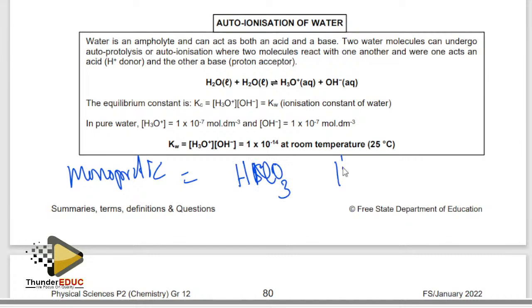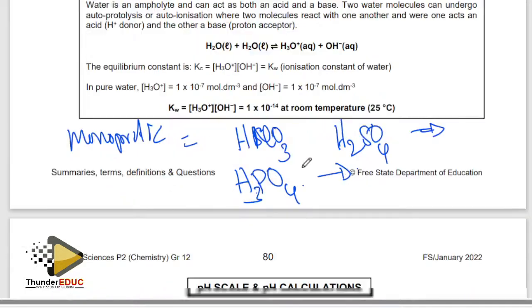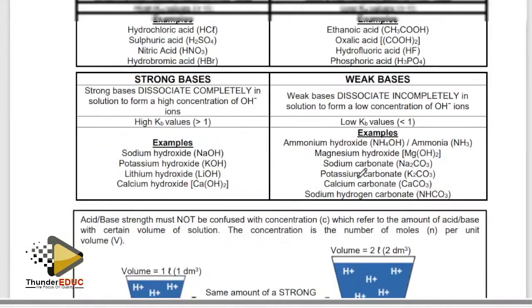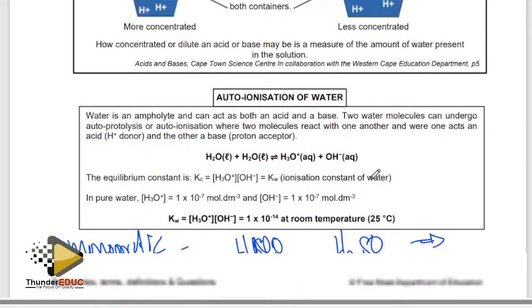A diprotic acid is an acid which can produce two hydrogen ions when dissolved in water. A triprotic acid is the one which can produce three of them, because it can ionize that many times. And these acids, when they ionize, can act as a base and an acid at the same time. Is it clear? So please don't go to the paper without knowing that also.